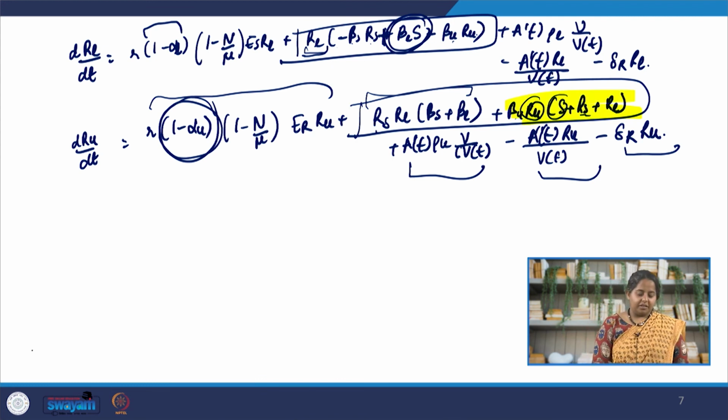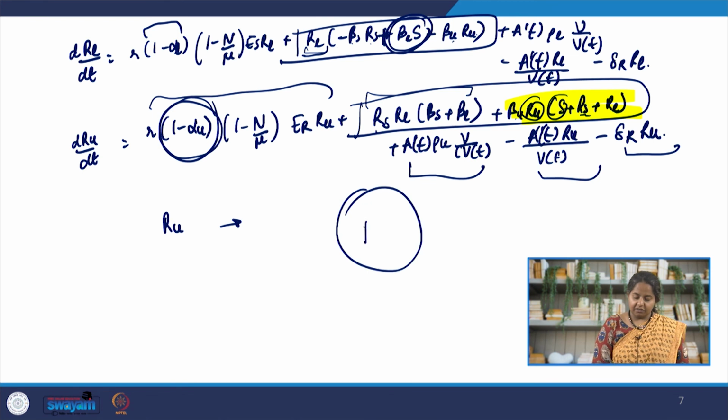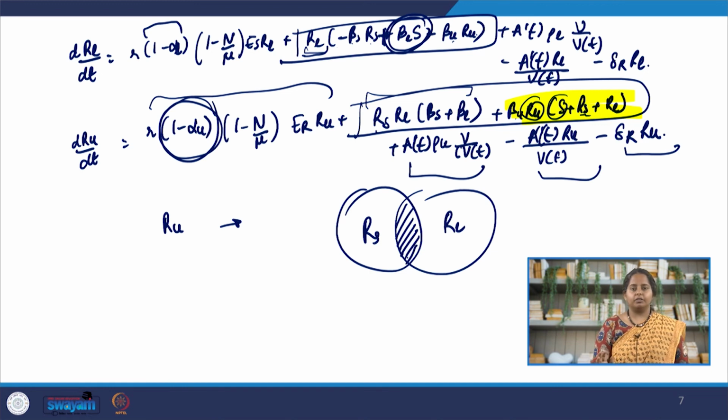So remember, RU is basically a bacteria that is at the intersection of RS and RL in this area. So it is resistant to both bacteriostatic antimicrobials and bacteriolytic. So even RS can acquire RL's resistance and become RU.